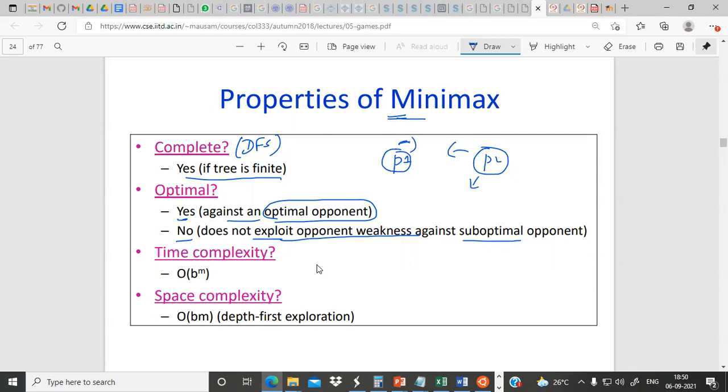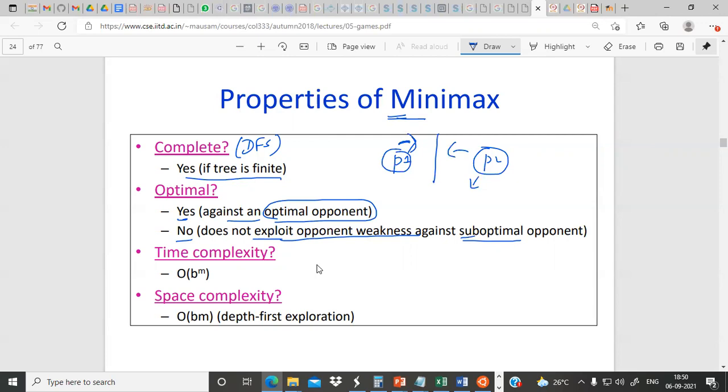Here, optimal does not mean it is the best solution in an absolute sense. Given the opponent's full opposition in place, it will find an optimal solution. But if the opponent is suboptimal, then it cannot exploit the weakness of the opponent, and it cannot perform better.